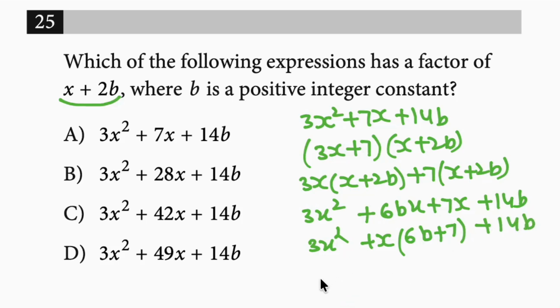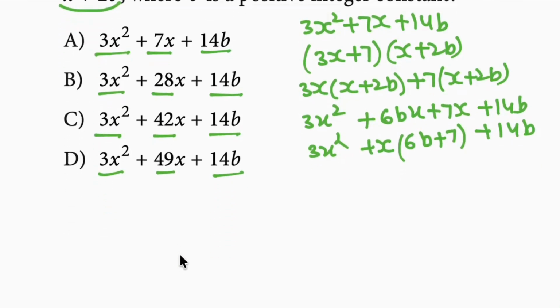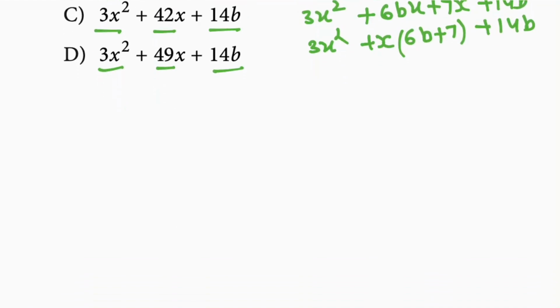Now why have I done this? Because 14b is everywhere, 3x squared is also in all the equations. Now this 7 plus 6b or 6b plus 7 can be 7, 28, 42 or 49. So we have to check from the options which is the most suitable one.